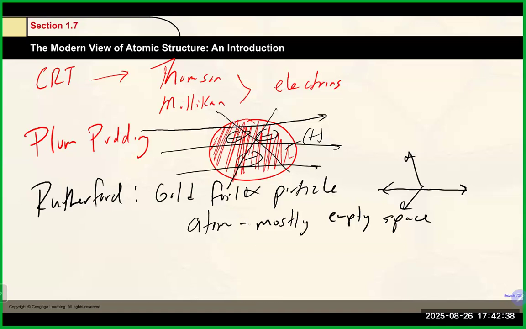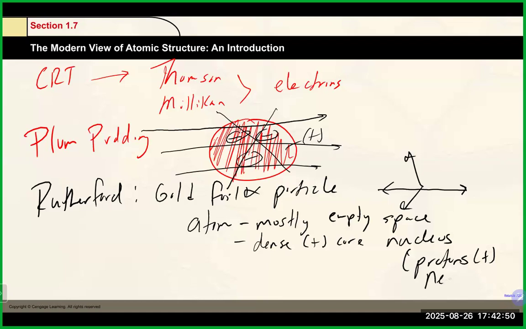It did have a very dense positive core, which is known as the nucleus, later found to house our protons, which are positively charged. And as we talked about, in the 1930s, neutrons were discovered, which have no charge, there in the nucleus. And the other idea was that most of the mass of the atom is actually the nucleus.